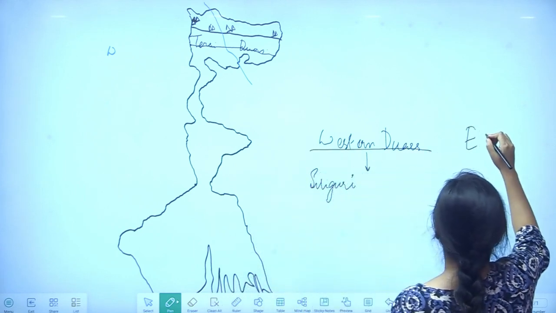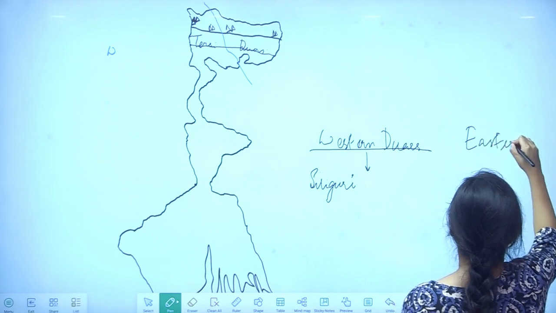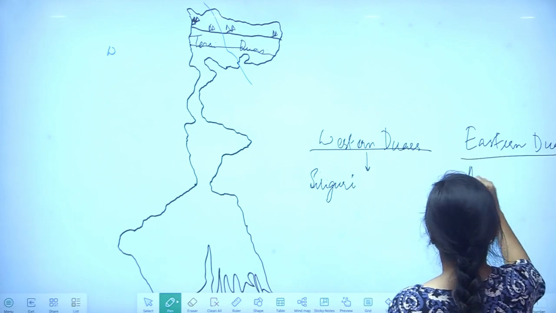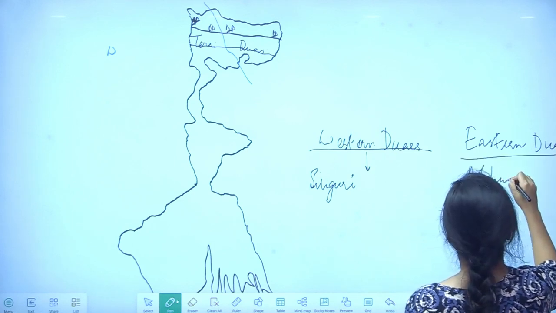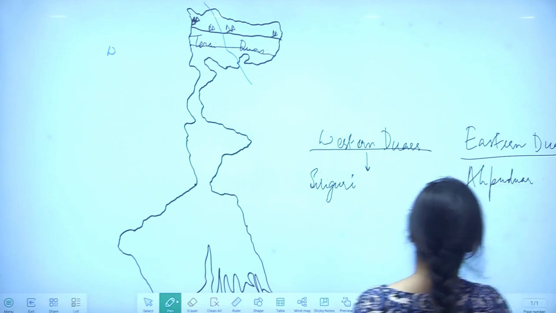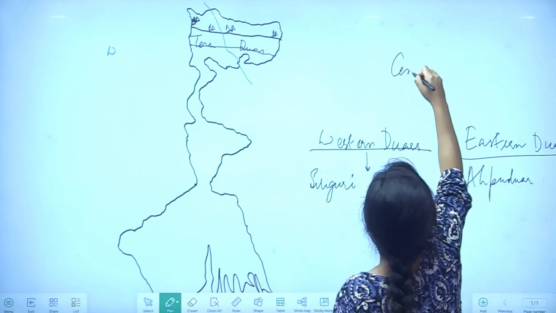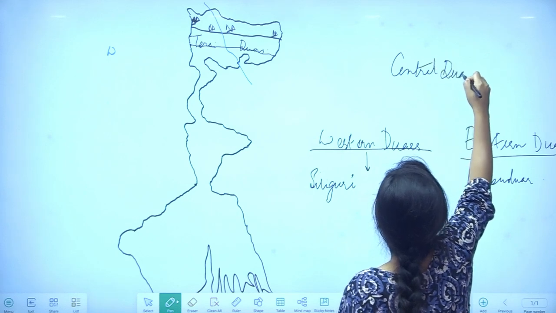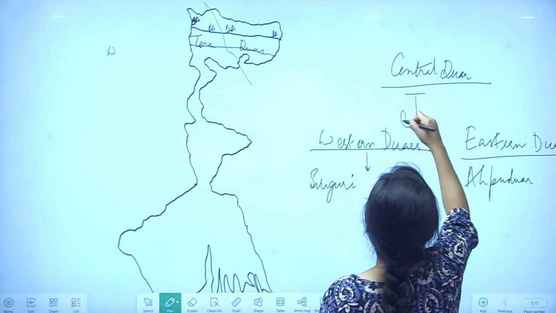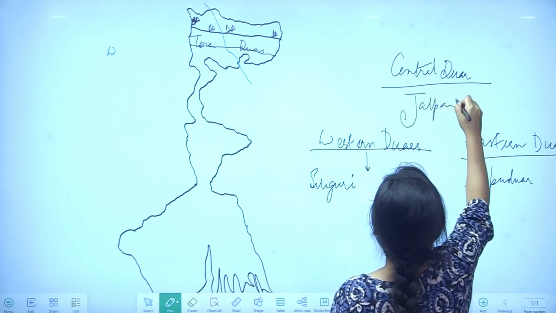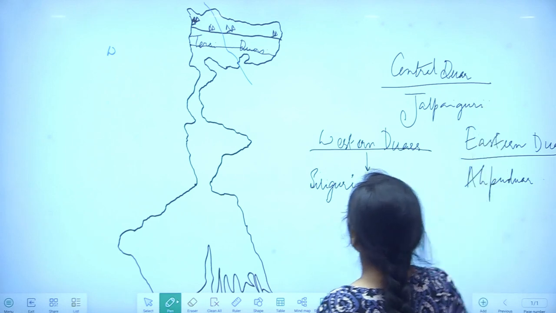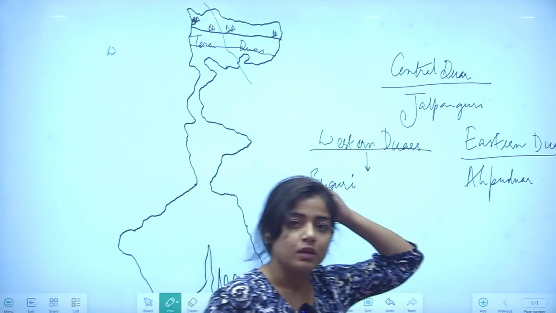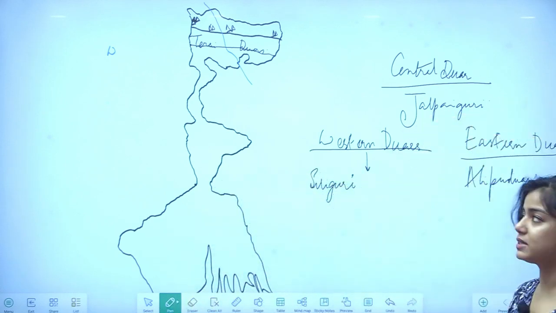Eastern Duars is Alipurduar, and Central Duar is Jalpaiguri. So we need to know about the divisions of the Duars. So there are three parts: central, western and eastern.